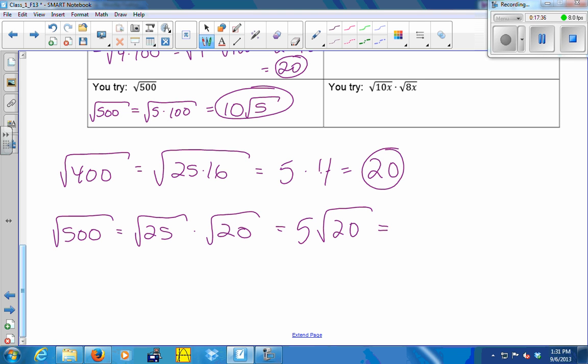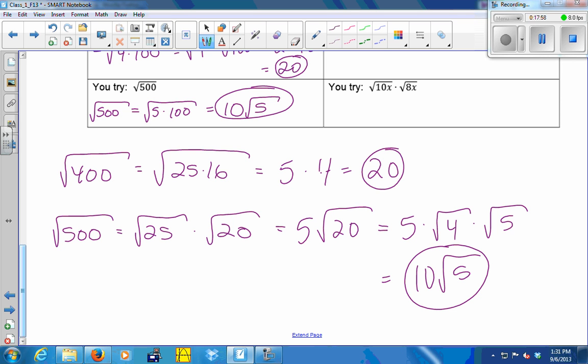Okay, and then we can continue simplifying the square root of 20 by writing it as 5 times the square root of 4 times the square root of 5. Rewrite the 20 as 4 times 5. And the square root of 4 is 2. So 5 times 2 is 10 square roots of 5. Same thing we got up there. Good, thanks.